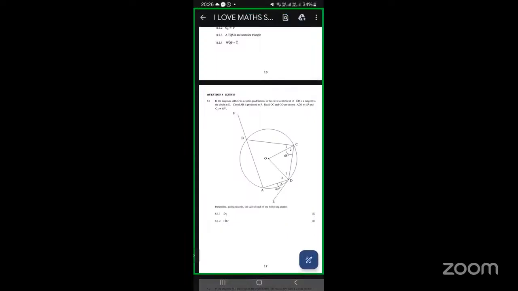Reading the statement we are given on 8.1, it says in the diagram, ABCD is a cyclic quad. Oh, that tells us something. We're going to use that. In the circle that has a center O, the line ED is a tangent to the circle at the point D.